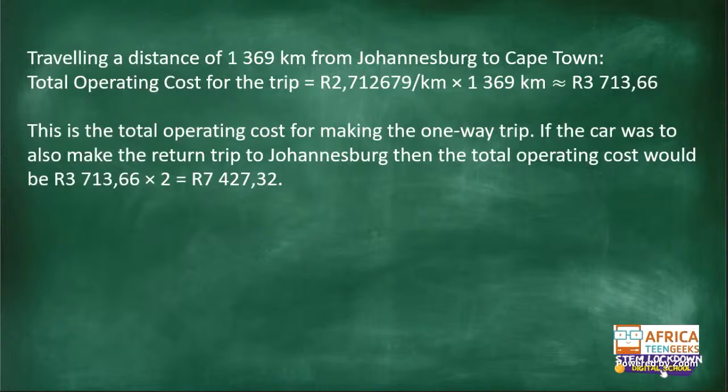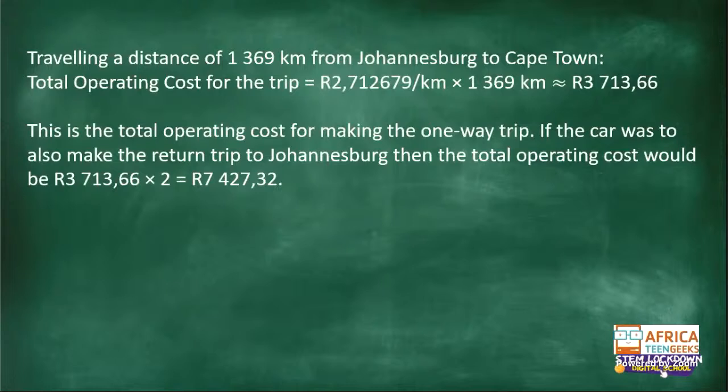And that is how we calculate the total operating cost. I hope that it makes a lot of sense as we carry on to look at the other slides, but this will be the total operating cost for your travel.